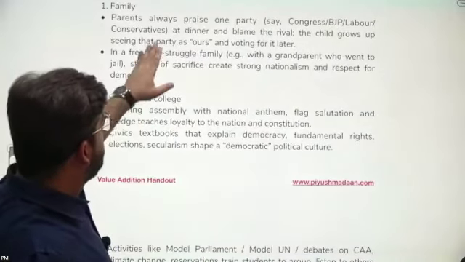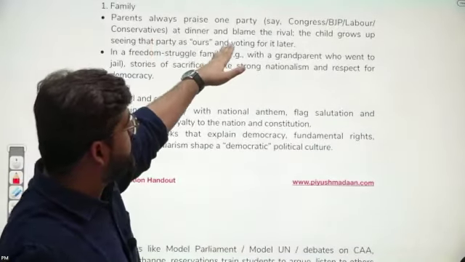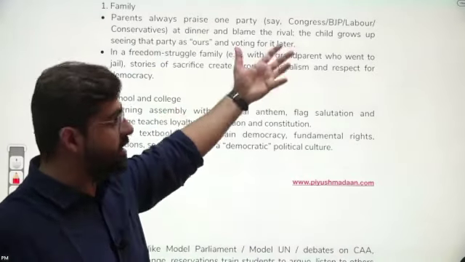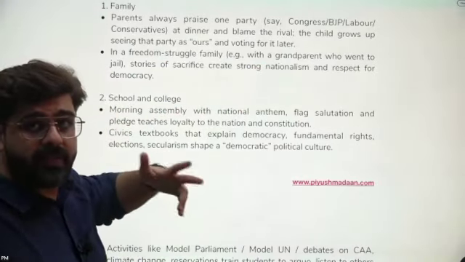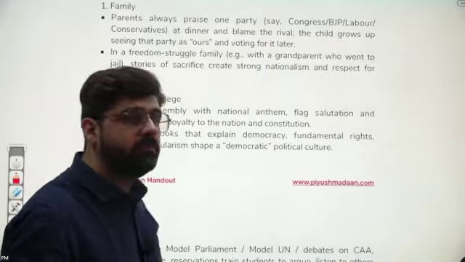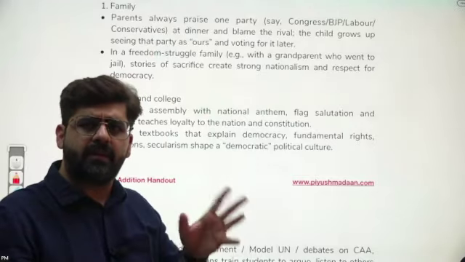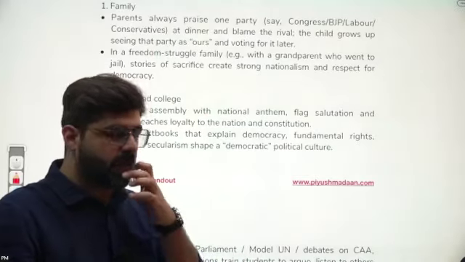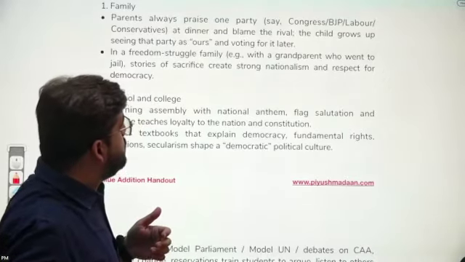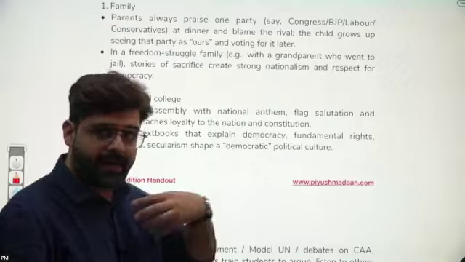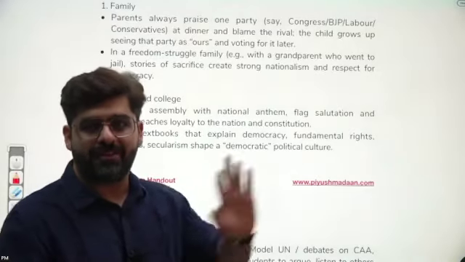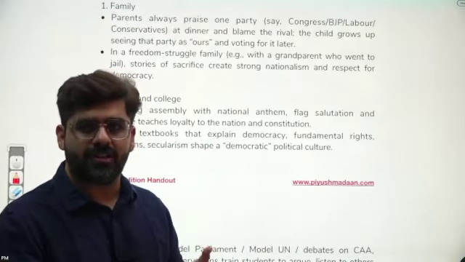Family, praise, parents always praise one party. Maybe they'll praise Congress, maybe they'll praise BJP, maybe they'll praise some conservative party, maybe they'll praise some Labour Party. Labour and Conservative are examples for UK. And blame the rival. The child grows up seeing that party as our party and then votes for it also. This is political socialization.